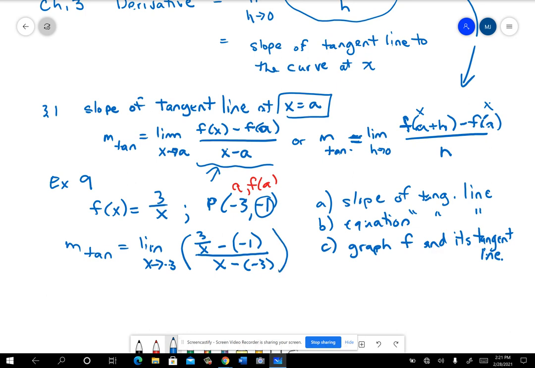This formula right here is really y2 minus y1 over x2 minus x1, basically.